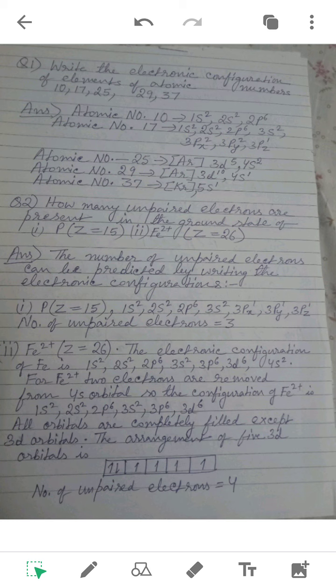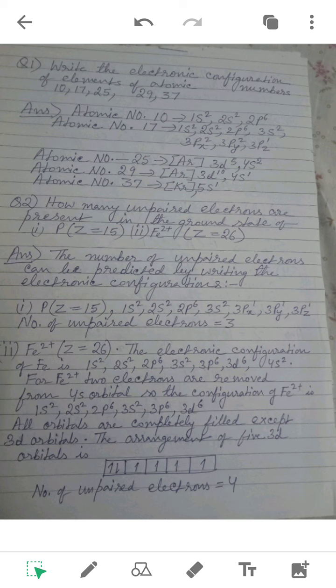If I write 4s2 instead, in that case it will be 3d9, which means 1 electron less. There is a rule that half-filled and completely filled orbitals are much more preferred. That means 3d9 is a very unstable electronic configuration.